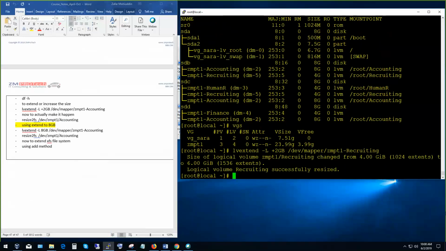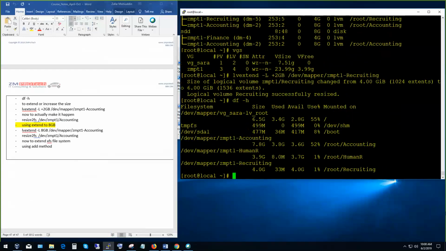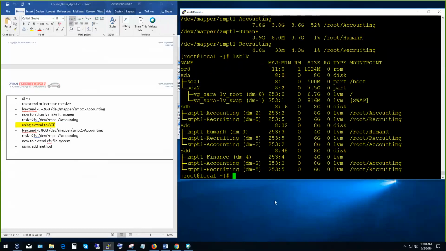Okay, so I do df -h, and recruiting is still at 4 GB, but we do lsblk, and you see recruiting is 6 GB. All right, so it's pretty simple.